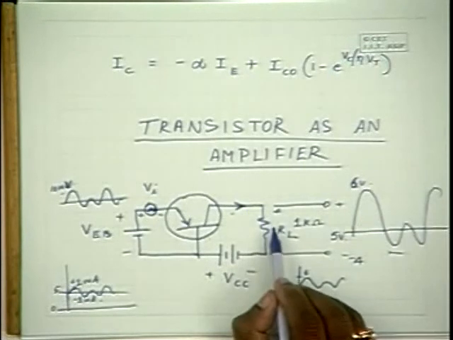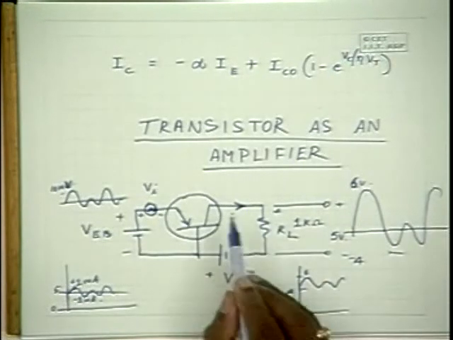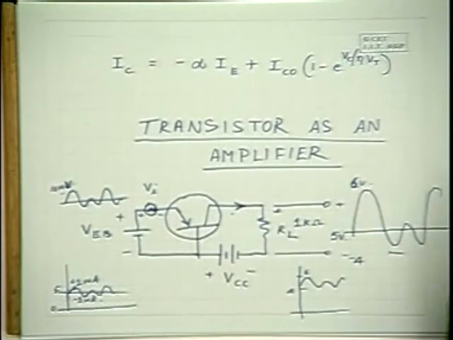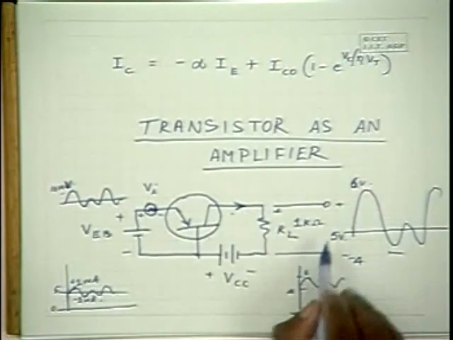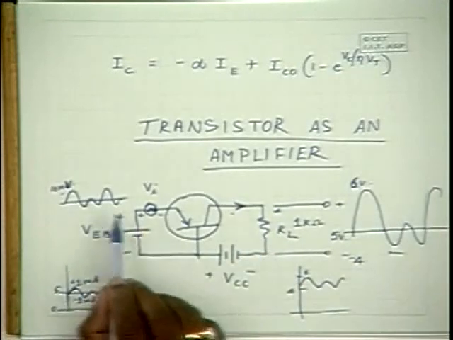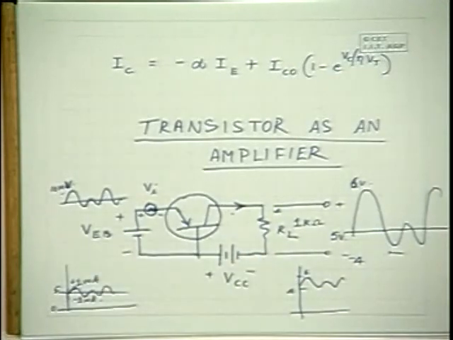large amount of voltage variation, does that voltage variation have any effect on this alpha? If alpha also changes according to this signal, then we won't have proper amplification.